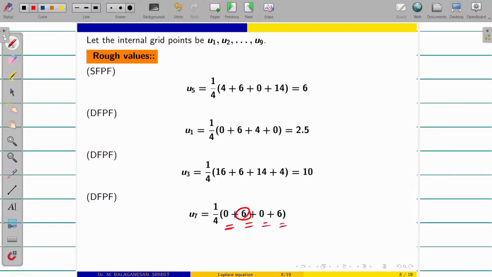What is U5? We found just before, it is 6. That's it. So we found the diagonal 5-point for U1, U3, U7, and U9 you can also find.